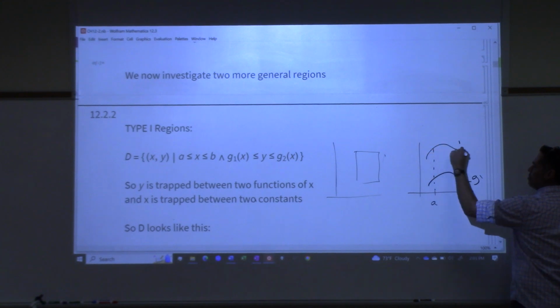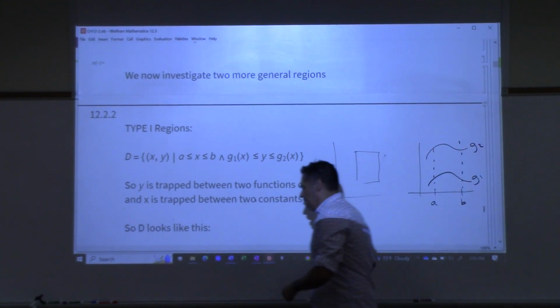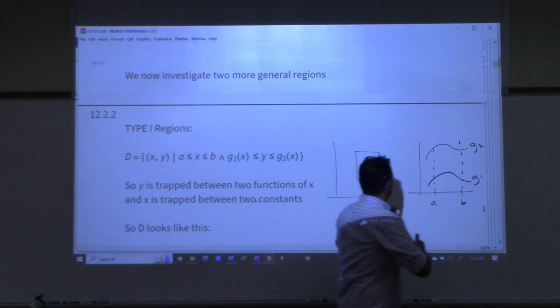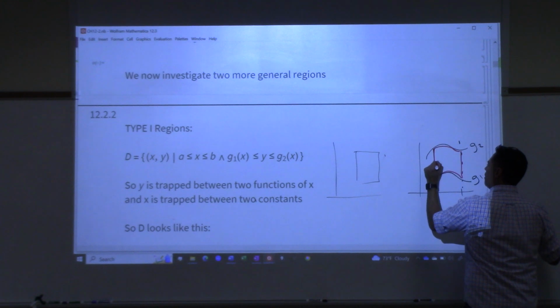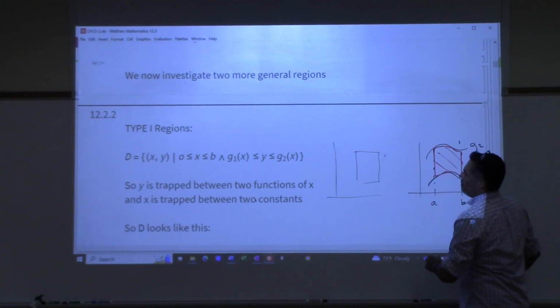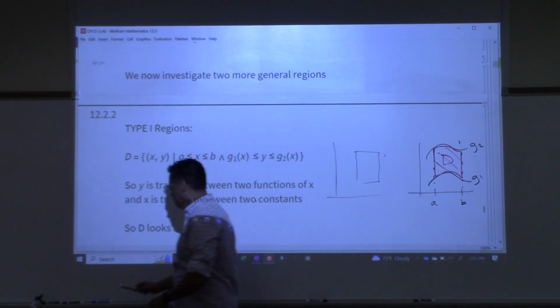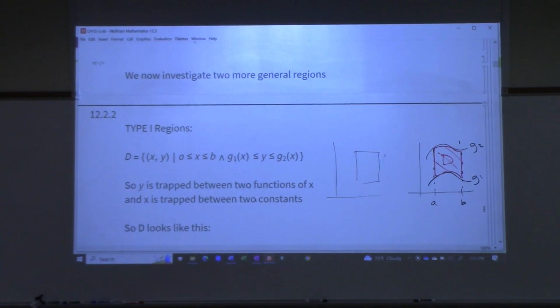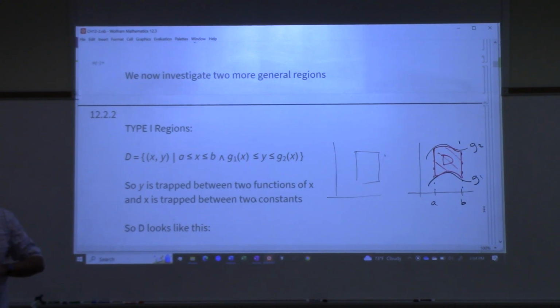And then some other function of x here, g sub 2. And so the region we're actually looking at looks like this. We call this D for domain, all right? The domain here of this type 1 region: x is between two constants, y is between two functions of x.